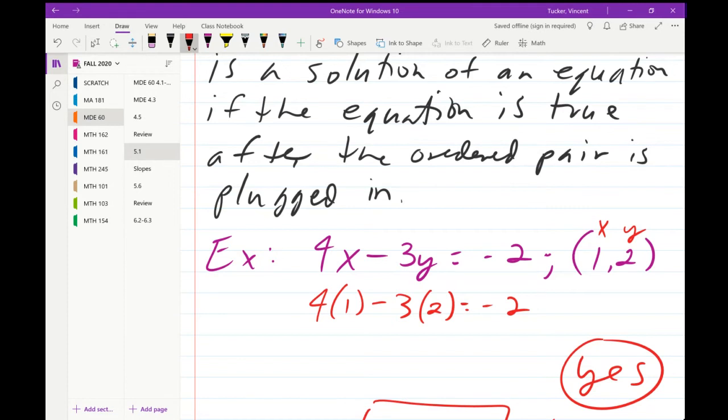So you plug in 1, that's 1 times 4. Plug in 2, that's 3 times 6. 4 minus 6 is -2. And so that would be a solution.